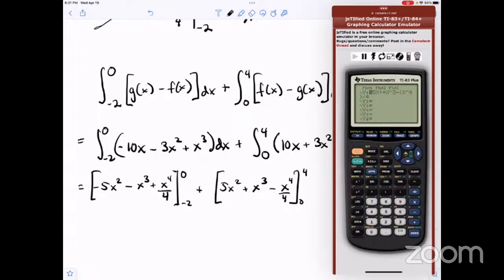I want that to go from positive to negative, and that needs to go from negative to positive. So there's the first one, and now we're going to put the second one here. I'm going to have it in there twice: 5x squared plus x to the power of 3 minus x to the power of 4 divided by 4. I think that's okay.